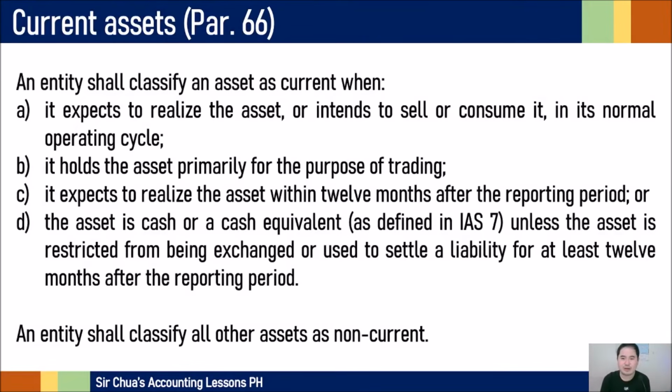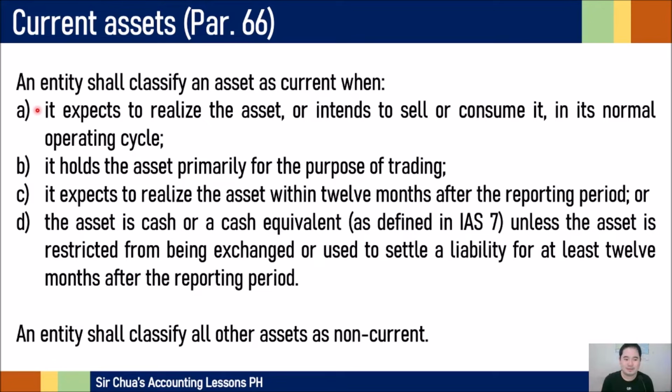Okay, so I think you already know, no, how to properly classify assets as to current and non-current, no? But just to give you a review, so syempre, an entity shall classify an asset as current kung siya po ay consumable, nagagamit, nare-realize yung asset in its normal operating cycle.